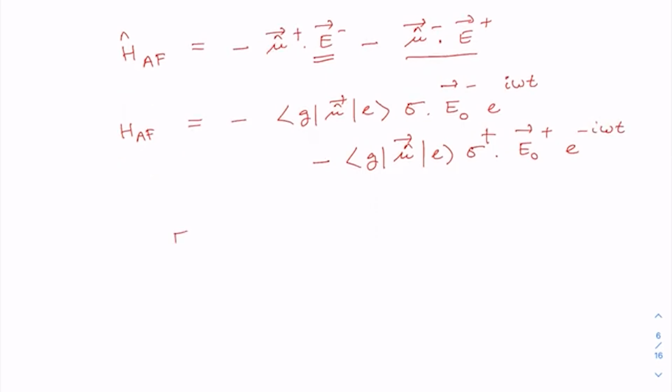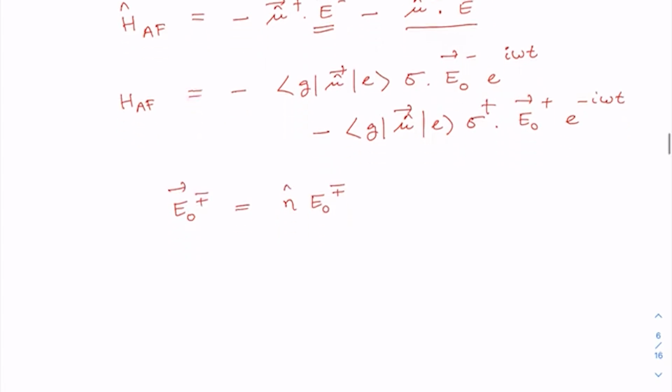Now this electric field amplitude vector, minus or plus, let me write it explicitly, writing the polarization state direction as η cap, then the magnitude of the amplitude is E0.